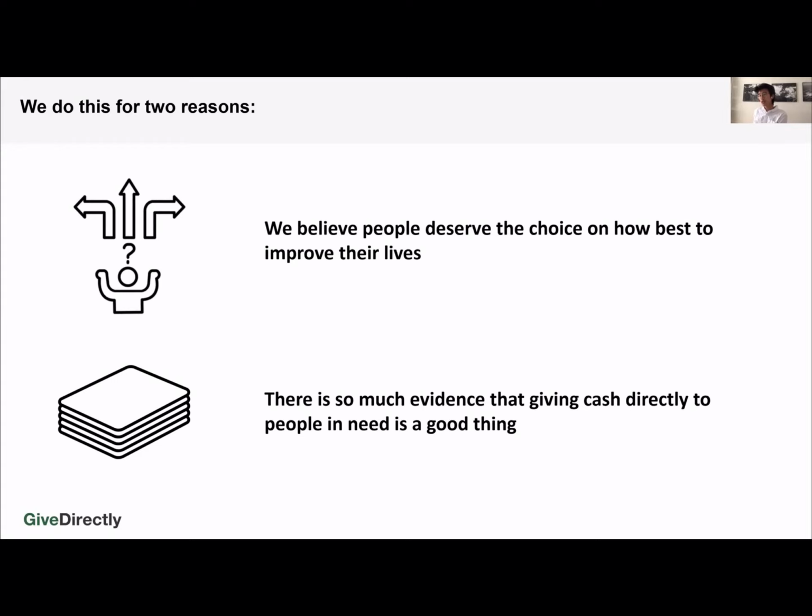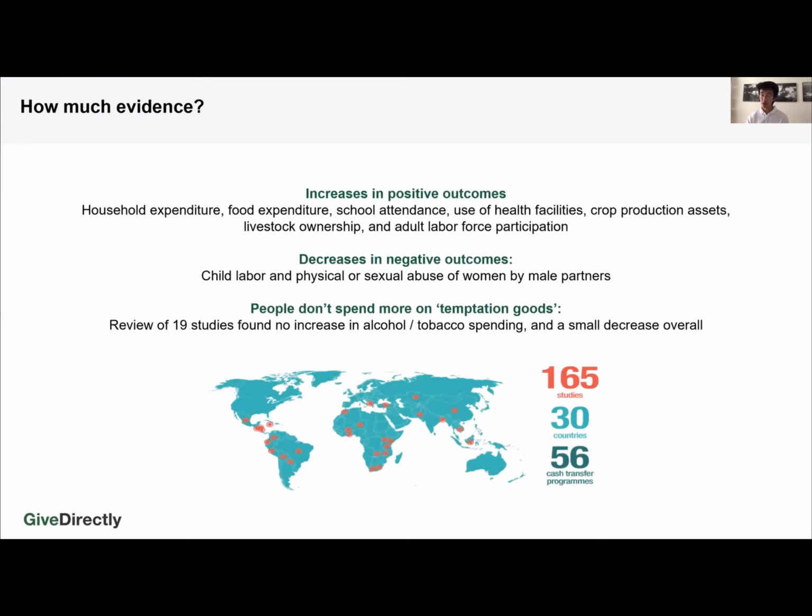And the second is that there's just a lot of evidence and evaluation that giving cash directly to people in need is just a good thing. What do I mean by a lot of evidence, and what do I mean by good things? So there have been more than 165 high quality studies, many of them randomized controlled trials.